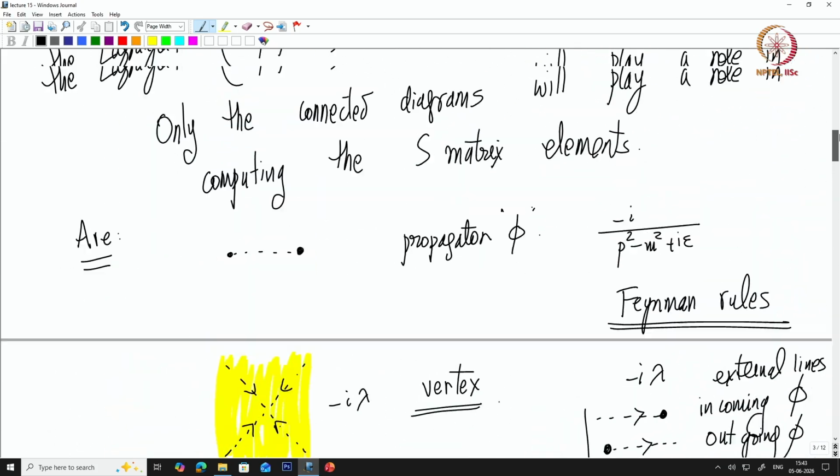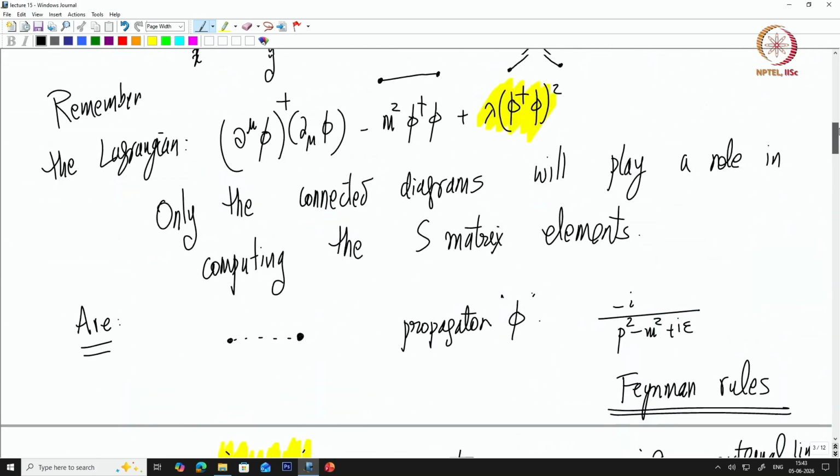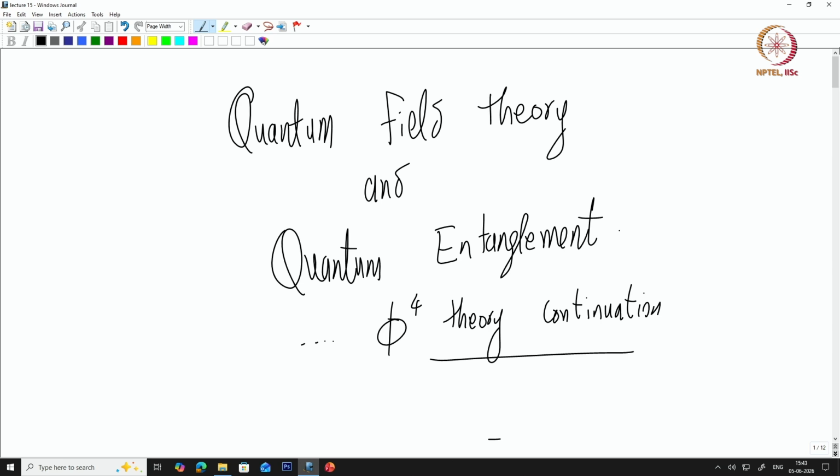Now, so far we have only worked with scalar fields, and computed the cross sections; we had done the quantization and so on. So now we start moving towards Dirac fields. We will stop the scalar fields.